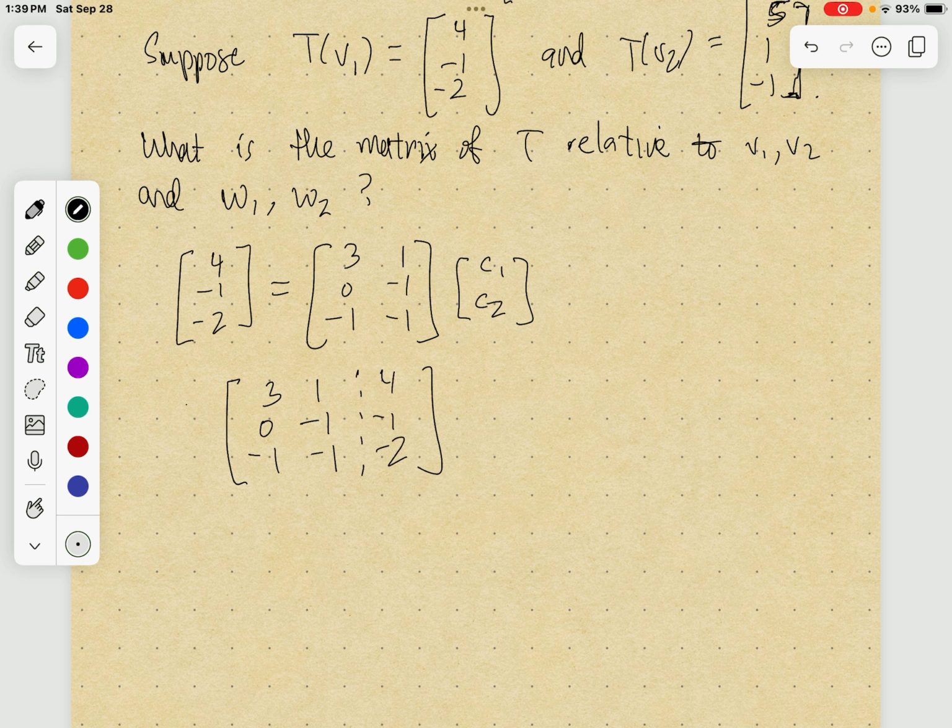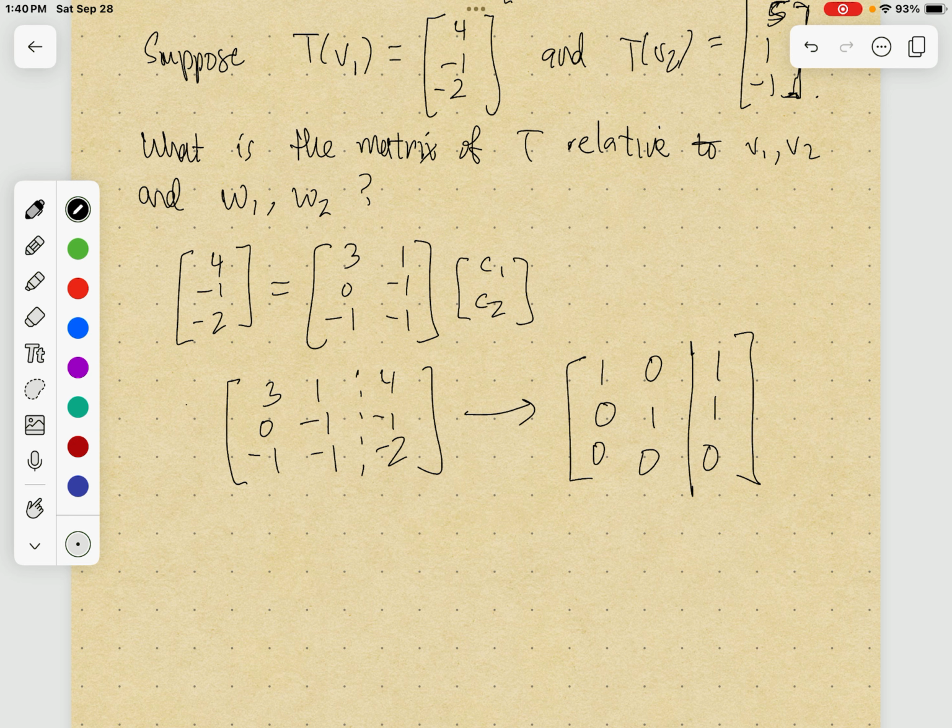I'm just going to skip the steps and go straight to the echelon form because I'm assuming that at this point we know how to do this. So when you do it, you're going to get 1, 1, like this.